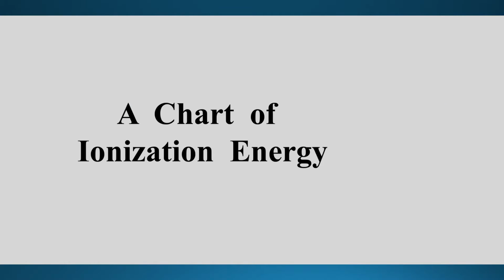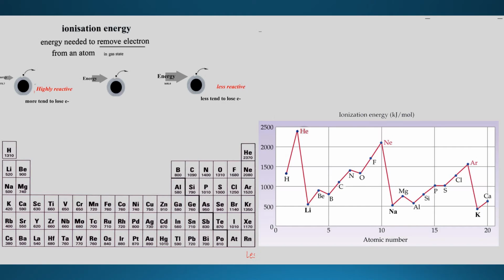A chart of ionization energy. Here is a chart which corresponds to the periodic table to demonstrate this trend once again. On this chart, look at the x-axis, atomic number, and the y-axis, energy level, from low energy to high energy.